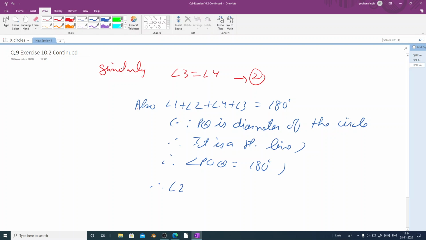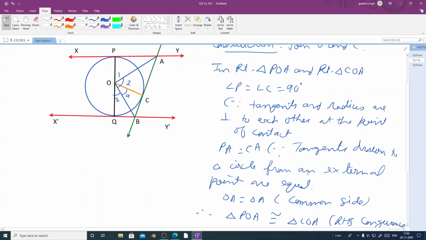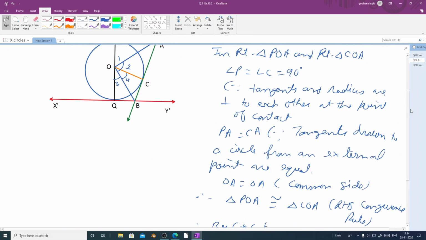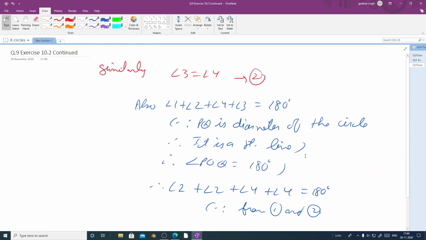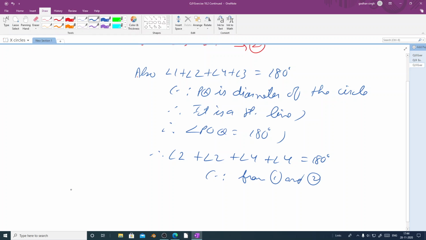From equation 2, angle 3 is equal to angle 4, so we can replace angle 3 with angle 4. Also we can replace angle 1 with angle 2, from equation number 1 that we have already proved. So adding them we get 2 angle 2.